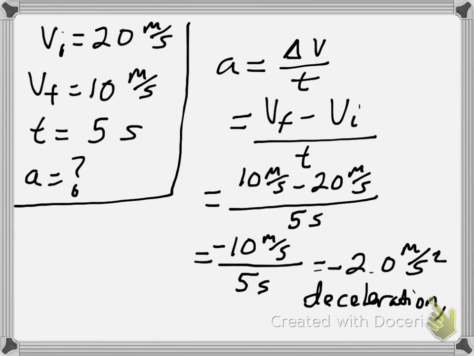So if that concept is just a little bit fuzzy to you, the idea of deceleration or acceleration in the negative direction, hopefully by the end of the next chapter it'll be a little bit more clear for you. All right, but for the meantime, just don't bother yourself too much with it. All the negative sign means you can think of it as essentially a slowing down. Okay, so there's one example.